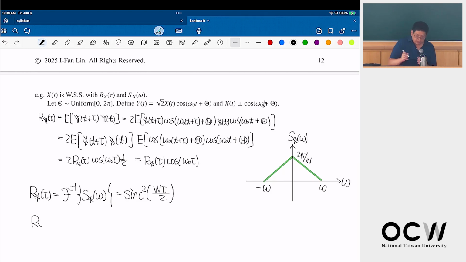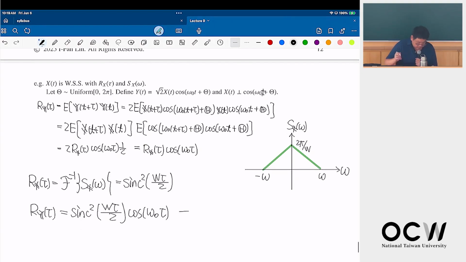Therefore, the autocorrelation of y will be the sinc square function times cosine omega naught tau. And if you take the Fourier transform, what do you have? The spectrum of y.